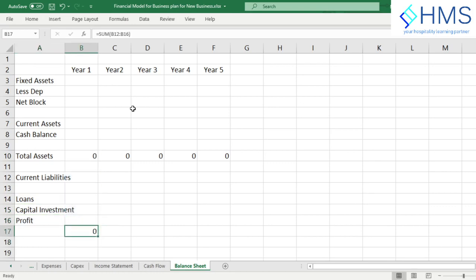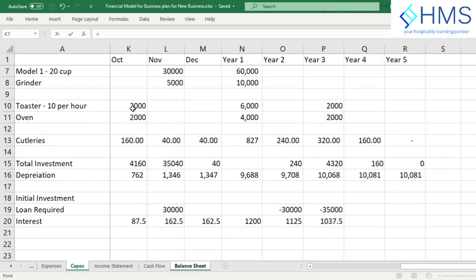So let's now calculate these numbers. Easy. So the fixed assets, as we have seen our investment already, so you need to link it back to year one, how much total investment we have done.